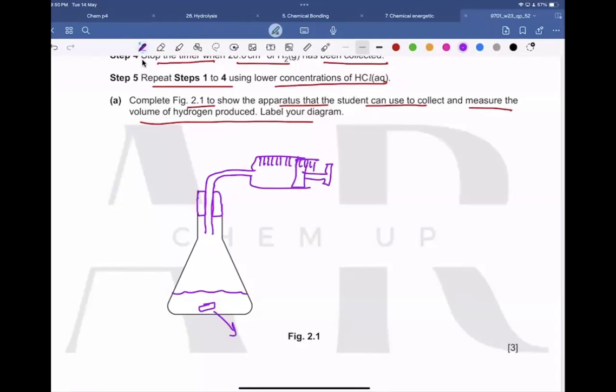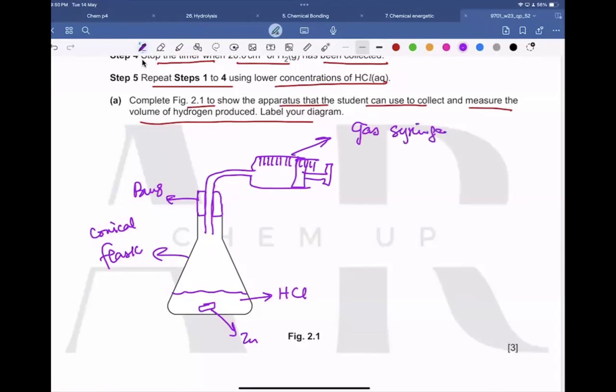So: zinc, HCl, conical flask, bung, gas syringe.